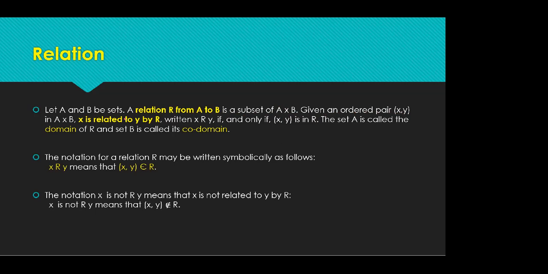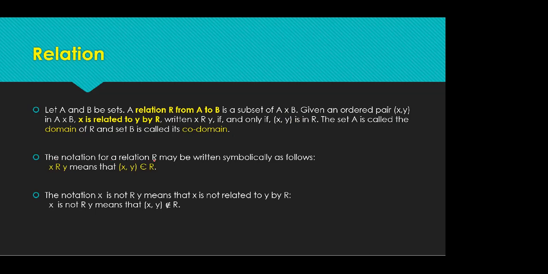X is related to Y by R, written X R, this symbol is relation, to Y if and only if the ordered pair X and Y is in R. So the set A is called the domain of R and set B is called its codomain.